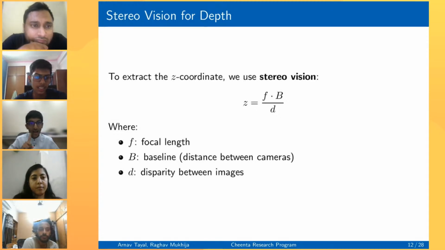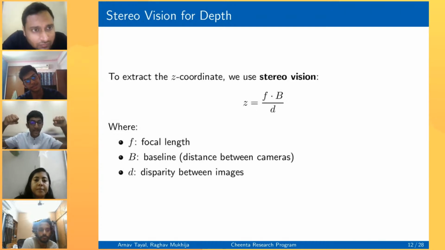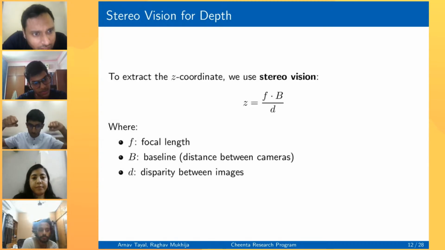Thus, from this I can get to know about the z, or the depth, of the object from the camera. So we have two cameras placed next to each other, and then we compare all the images taken by both of these cameras, and then the disparity, which is the distance traveled by a specific object.